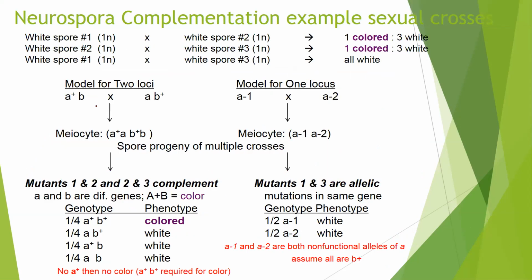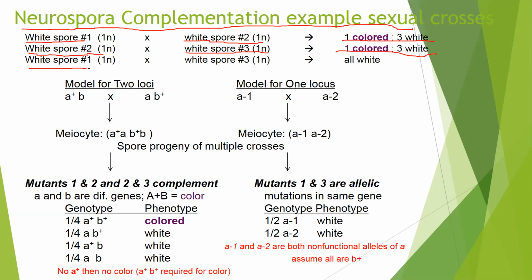Okay, so in Neurospora, we can also do this kind of complementation test. So we have mutant 1, mutant 2, and mutant 3. If we cross mutant 1 with mutant 2 and generate this result, that means these two complement each other, right? The same for mutant 2 and mutant 3. If we generate something like this, that's the indication of complementation.